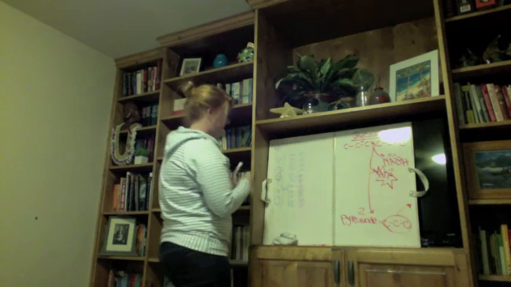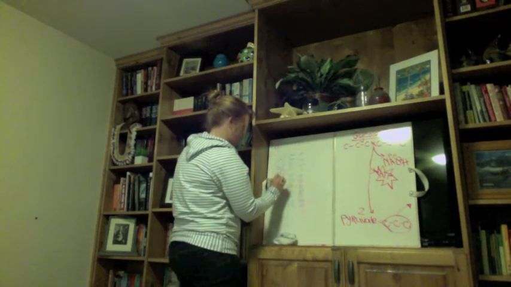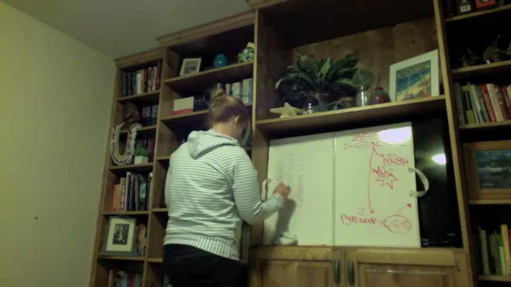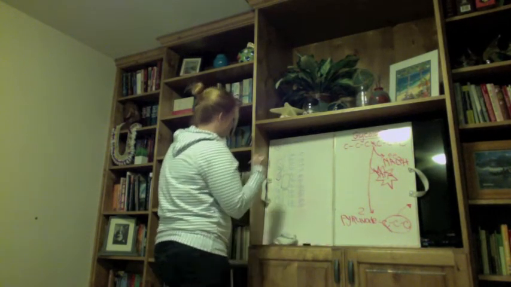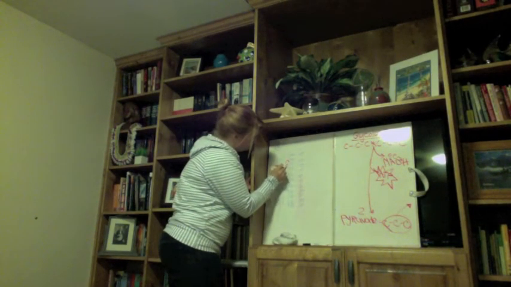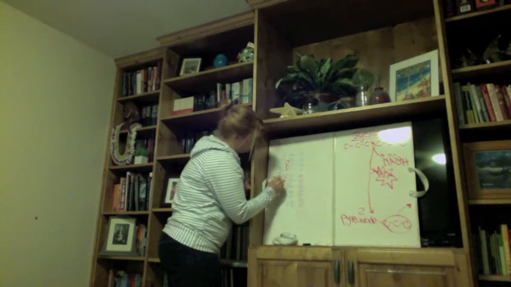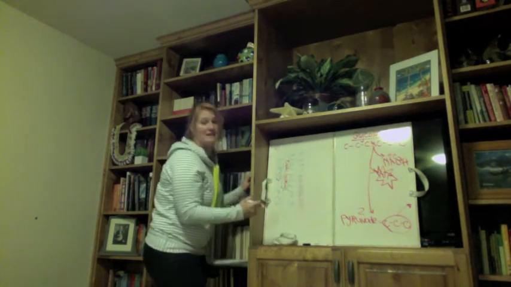So these boxes right here, this is the cell wall. And this right here is the lipid membrane.